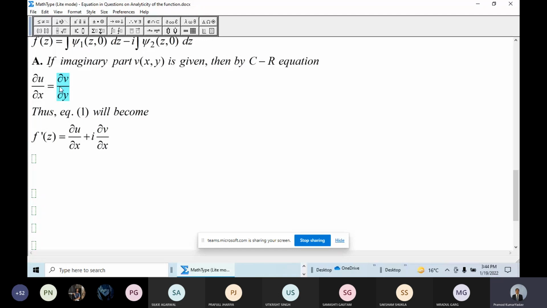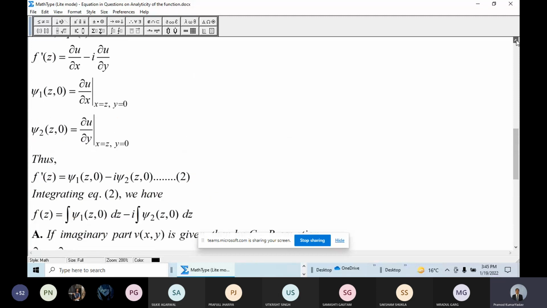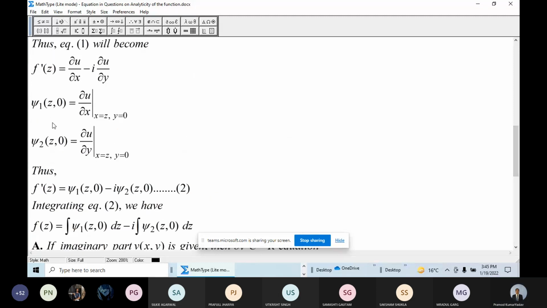So it is going to be del v by del y plus i times del v by del x. In this case, with the same procedure, we can assume del v by del y as phi 1 and del v by del x as phi 2.